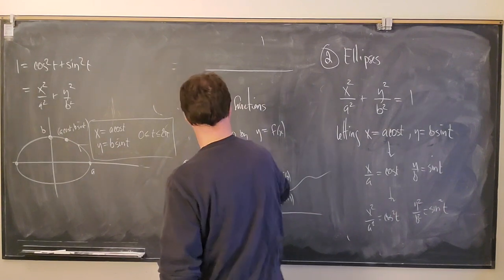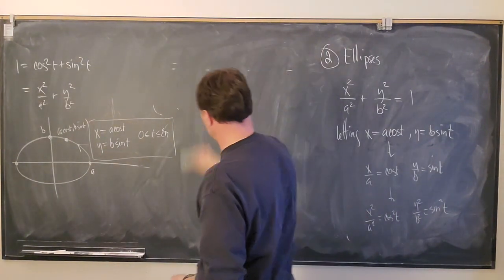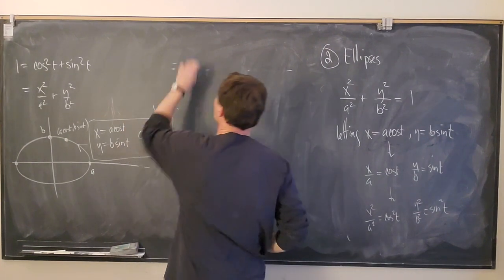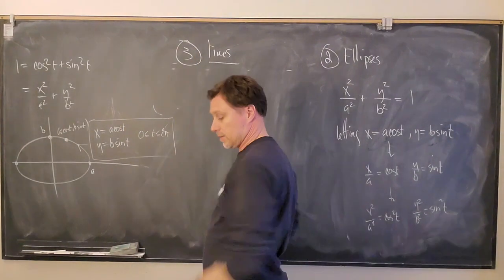Okay, so there's two of our important parameterizations. The next one is lines.